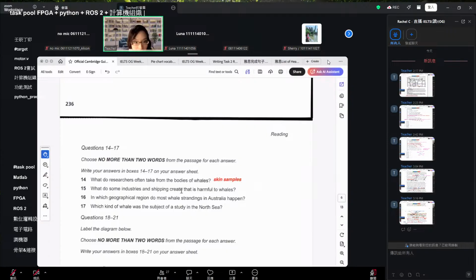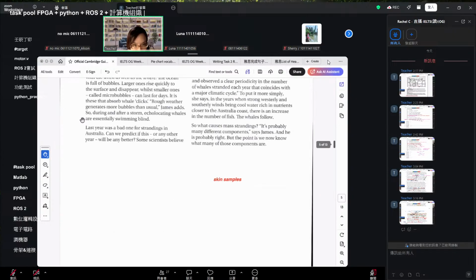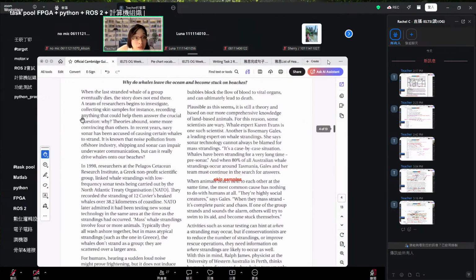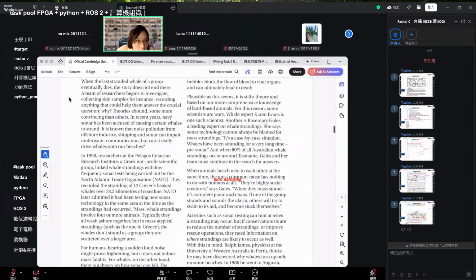Now, industry and shipping, creating something that would be harmful for the whales. Previously we were here, so then we should move on and find shipping and industry. Noise pollution from offshore industry and shipping. So what do they create? Noise pollution.